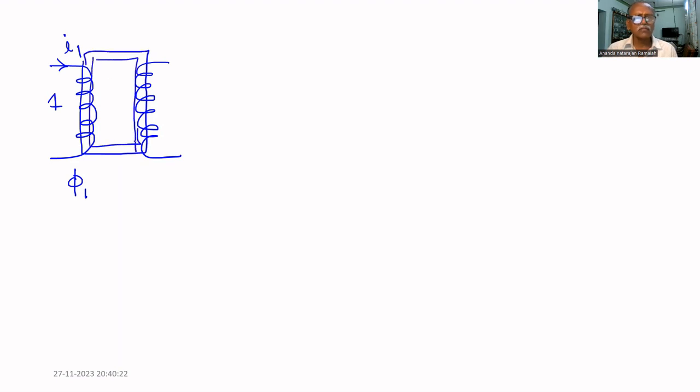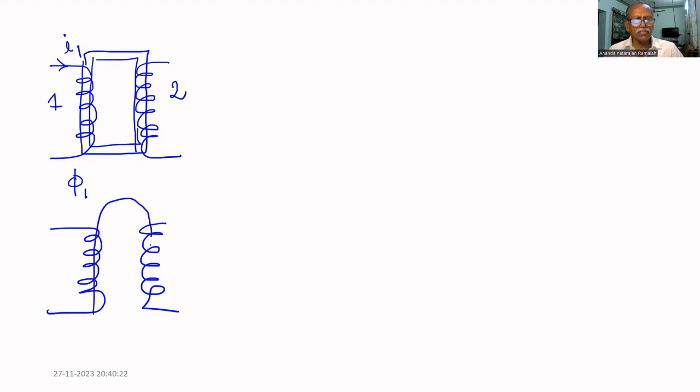So flux produced by this coil interacts with the second coil. Even if it is in air, then also it interacts. The flux produced by the first coil is linked with the second coil.